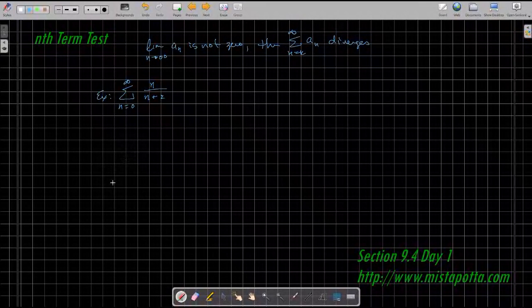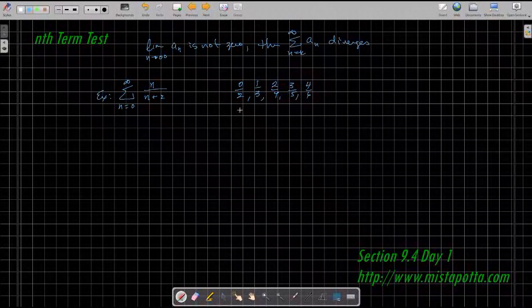Now, if I take a look at the terms of this series, they are going to be 0 halves, 1/3, 2 fourths, 3 fifths, 4 sixths.